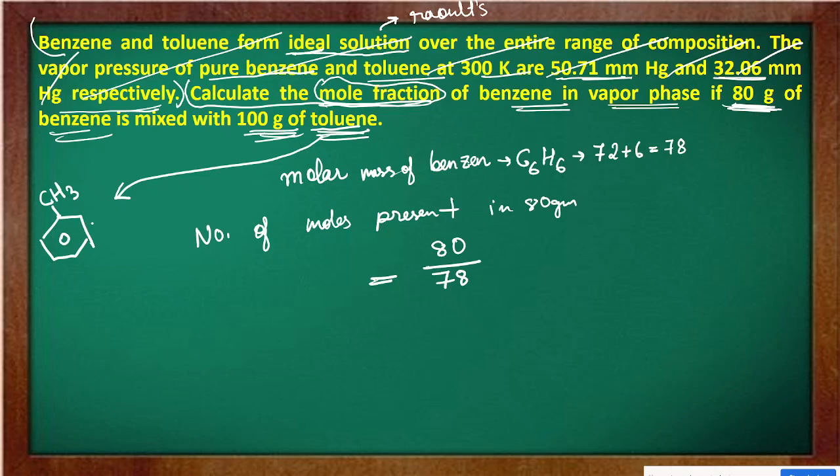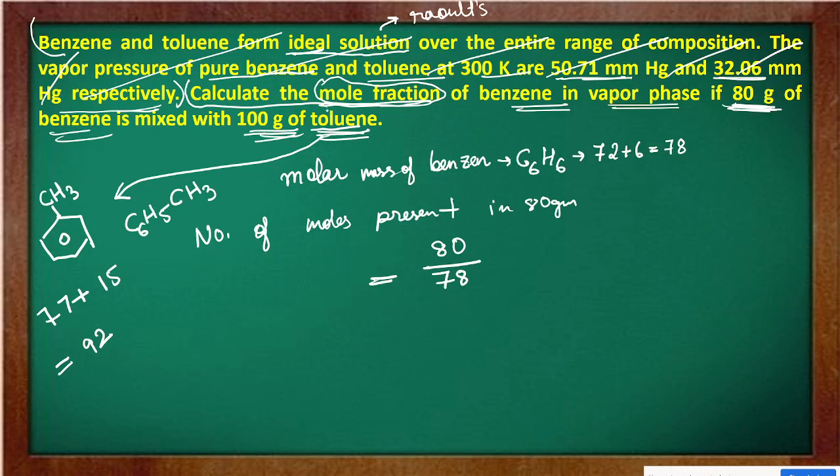So the molecular weight of toluene will be C6H5, and apart from that you have a CH3. It means that from here one carbon is less, one hydrogen is less, so this will be 77 plus, this is 12 plus 3, you will have 15. So this one you will get 92.